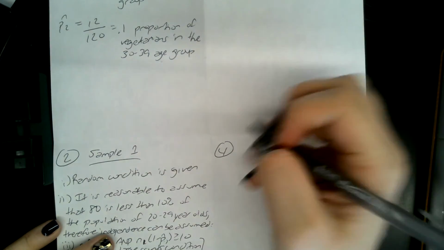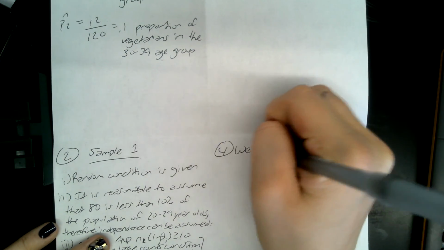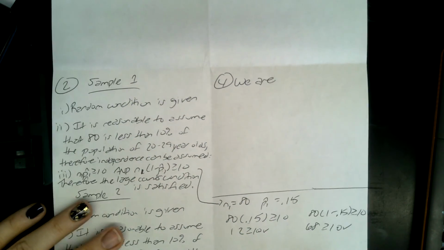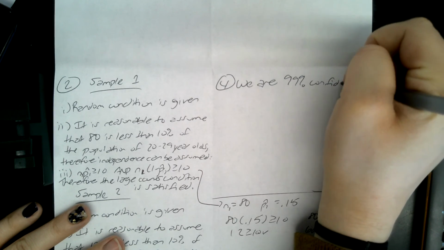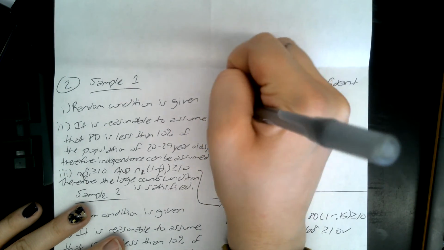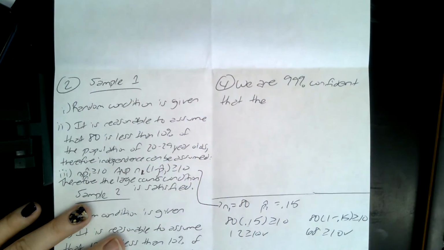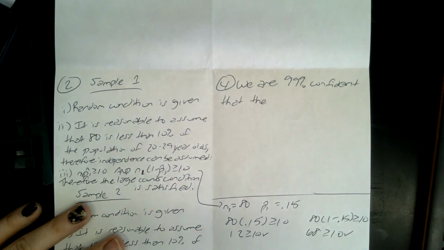We are blank percent confident. I'm going to fill in that blank with the confidence level that the problem told me I should be at. We are 99% confident that the true difference.